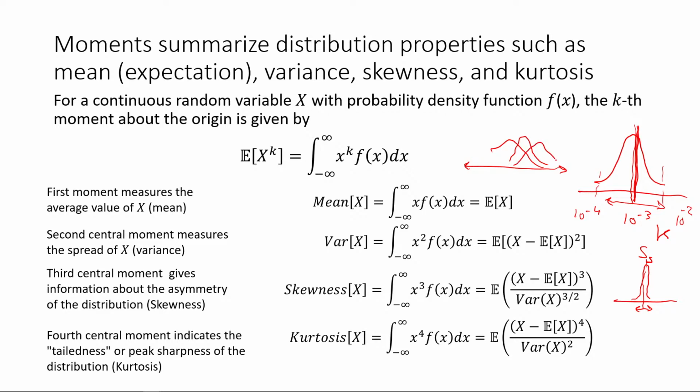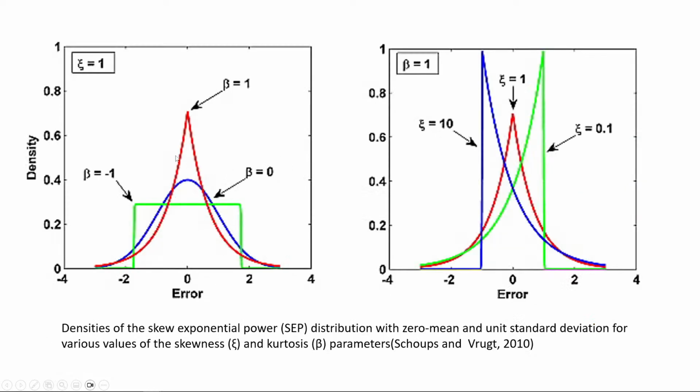Your fourth central moment, where k is to the power 4, gives you the peakness or sharpness of your distribution. Let me show you an example. This distribution is just at the center. This distribution is skewed to the left. This distribution is skewed to the right.